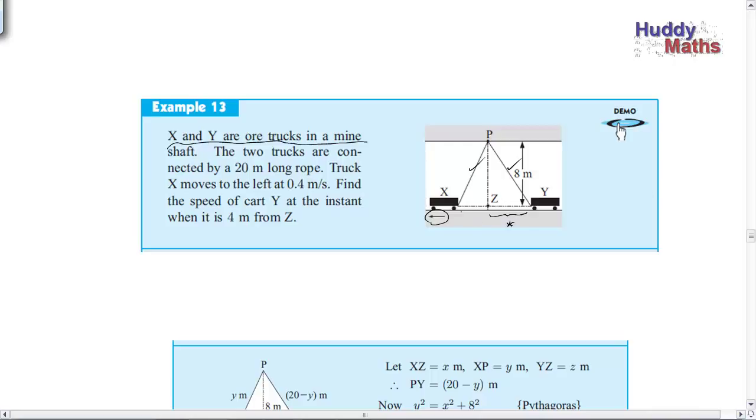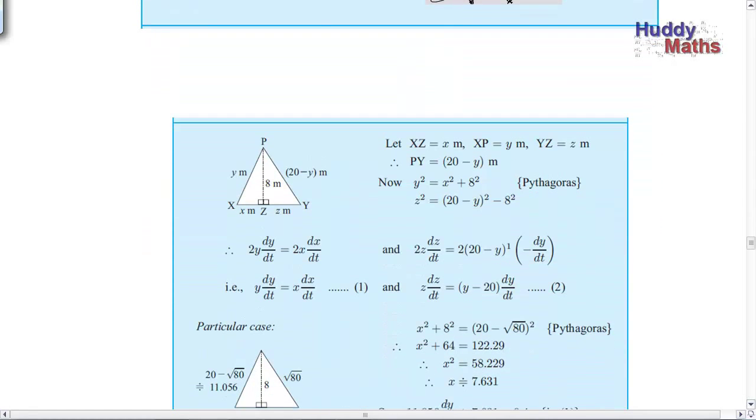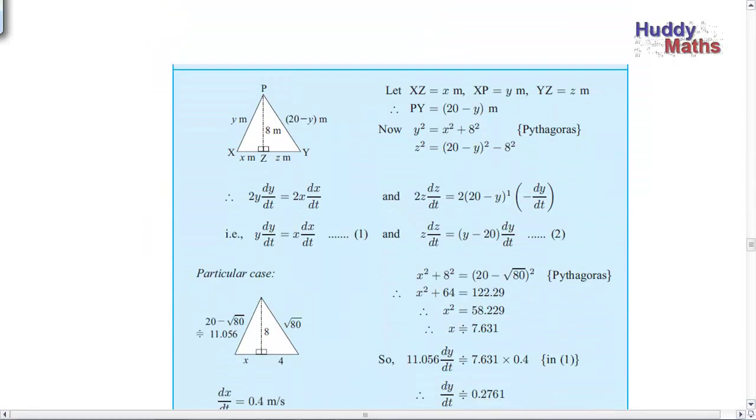That's varying, this is varying, and the various lengths of rope there will vary as it's pulled. So let's put all that in a mathematical model. You've got to make sure it's all included. So we've got X, Y and Z, which is what the book's done here, and then this length here together with that was 20, so that's 20 take y, putting in our 8.